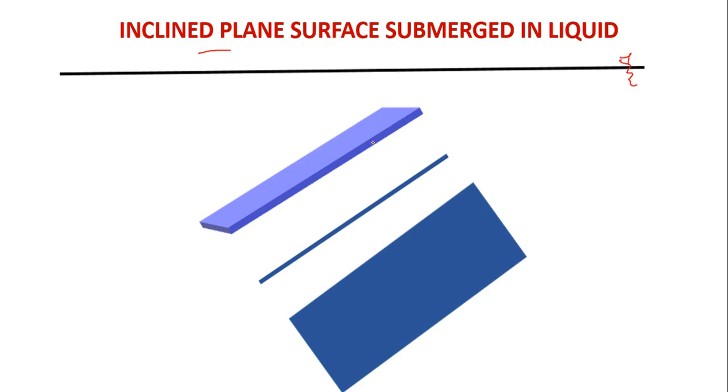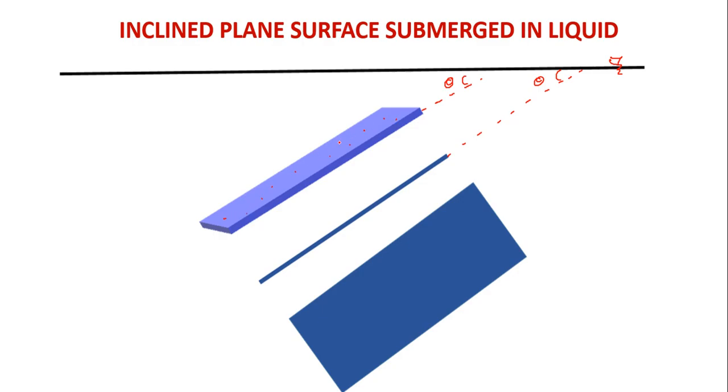Here we have three different views of the inclined surface: the three-dimensional view, the side view and the top view. The surface is inclined at an angle theta with the free liquid surface. When we consider this inclined plane surface, the intensity of pressure exerted by the static fluid will not be uniform along the surface.